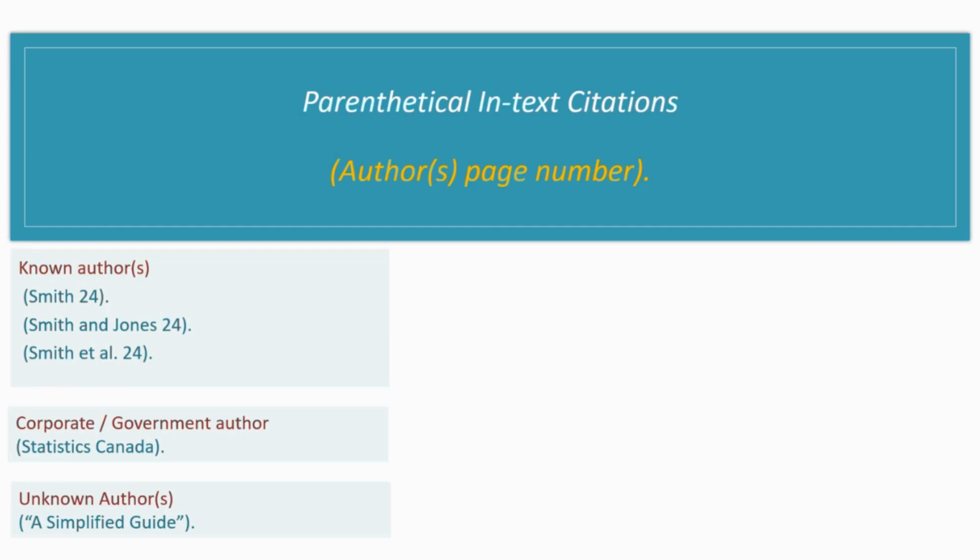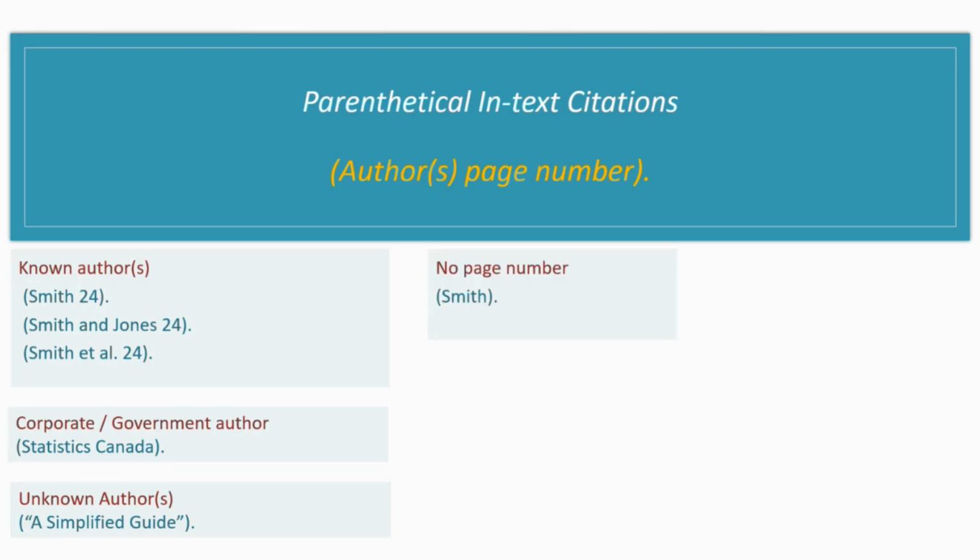Now, if the title is more than one phrase long, you can shorten it to the first phrase so it doesn't take up too much space or take away from your writing. So in this example, we've given a simplified guide as the shortened first phrase of a simplified guide to randomized control trials.